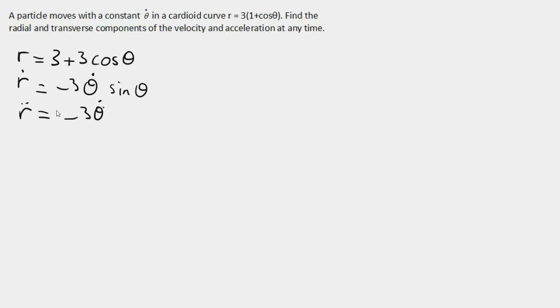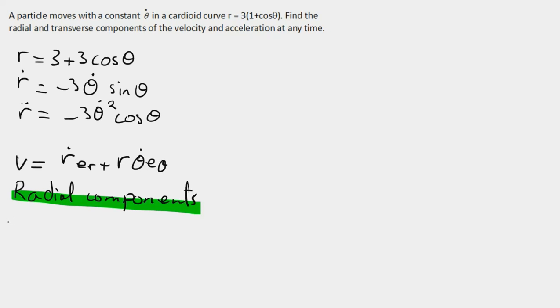So given that the velocity in both directions is going to be given by, now we look at the radial components, and the velocity will be equal to, for the radial components, r dot. R dot means minus 3 theta dot sine theta, as you're seeing here.